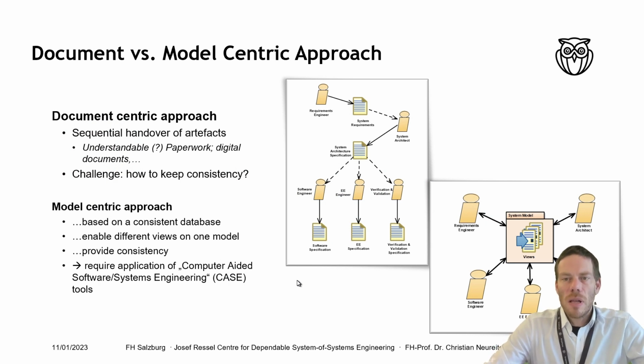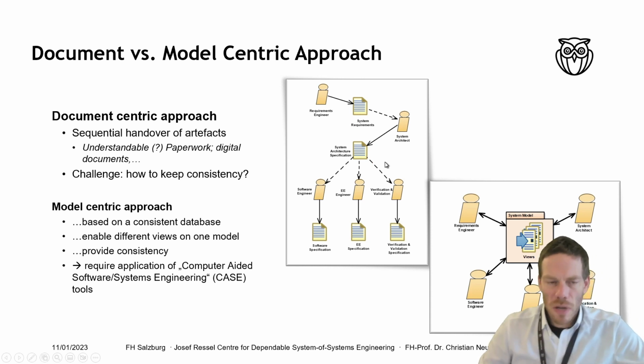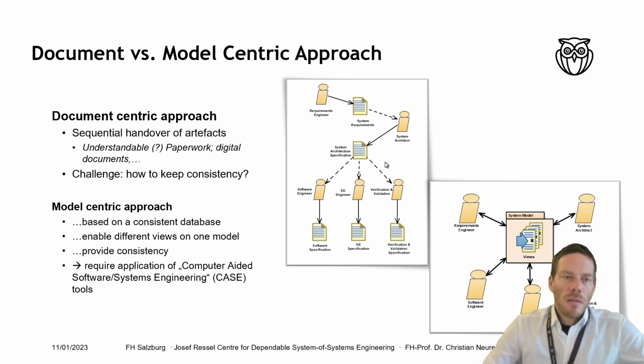A document-centric approach would define particular deliverables and outcomes, and you see different stakeholders or engineers who are in charge of delivering some outcomes, which are used by other engineers or stakeholders, who produce something else. In theory, everything is fine, but in practice, in huge projects, it's pretty hard to keep all these documents consistent.